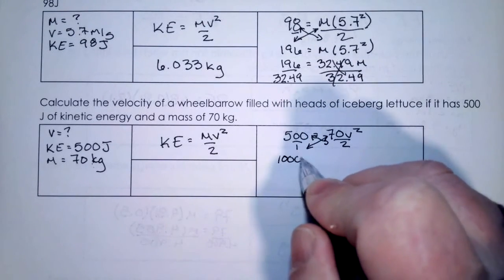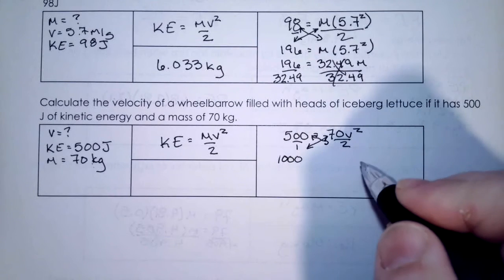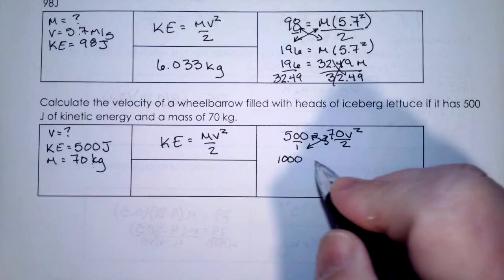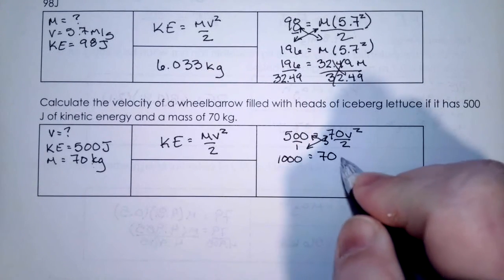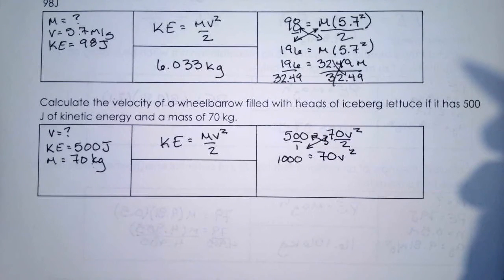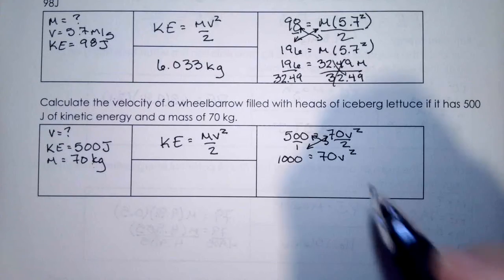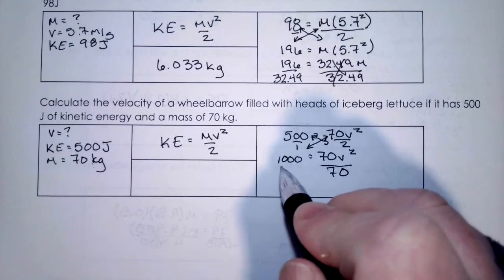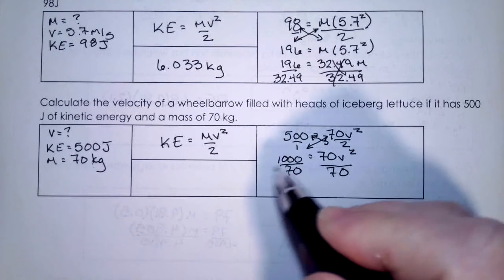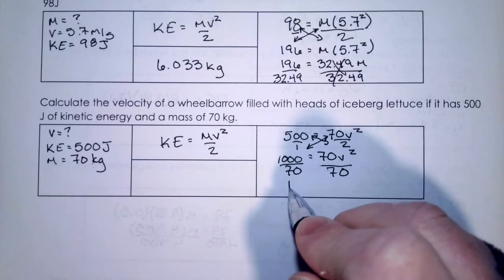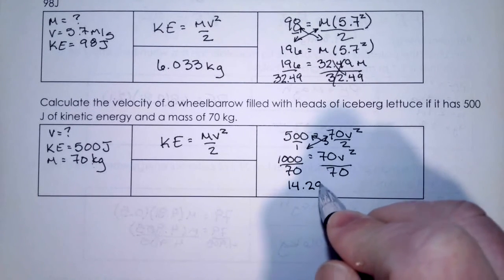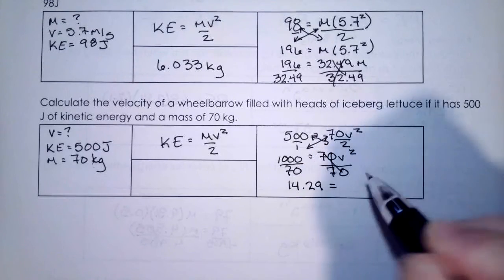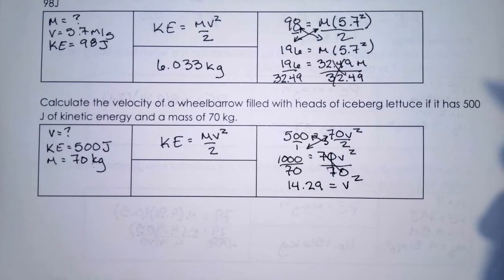So we have 500 times 2 is 1,000 equals 70 times velocity squared. Now, before we start attacking that velocity squared, let's get the v by itself on that side. So we're going to divide both sides by 70. When we do that, you end up with 14.29 equals, and the 70s go away, v squared.